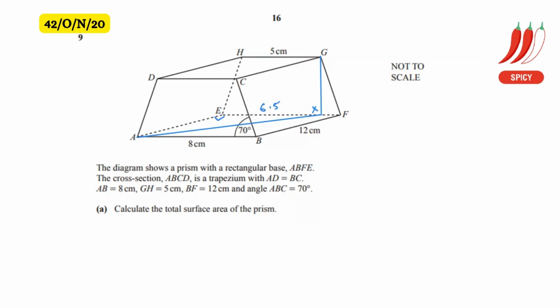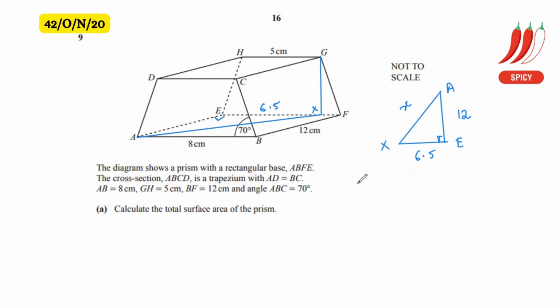So if we draw this right angle triangle separately, this is E, this is X, and this is A. EX is 6.5, AX is what we need to find, and AE is 12 because BF is the same as AE.